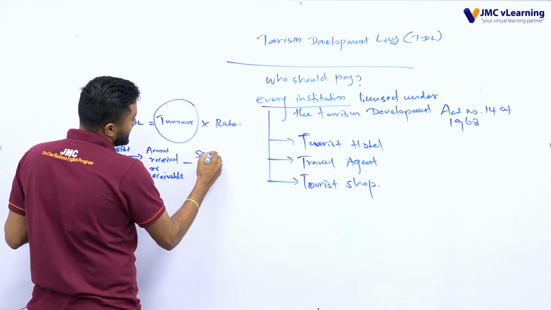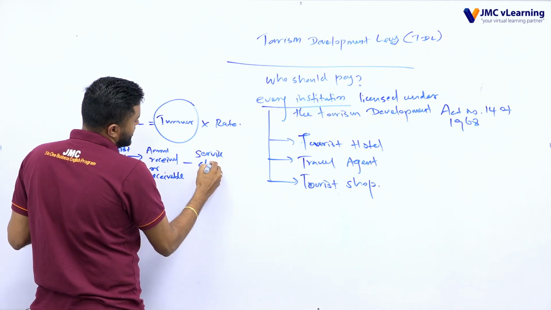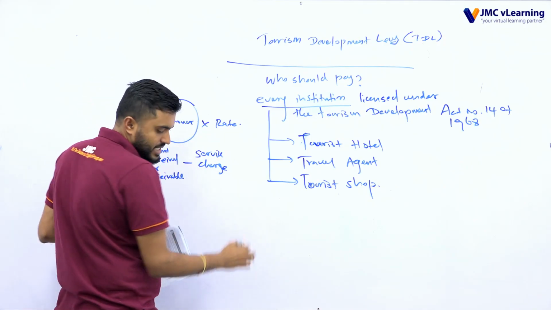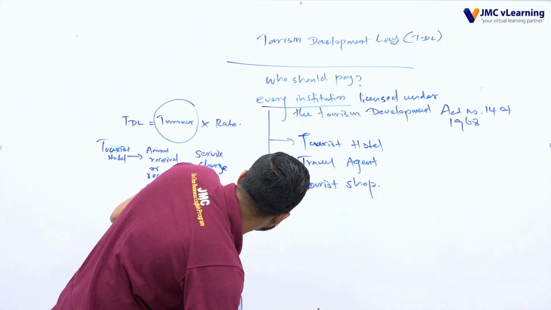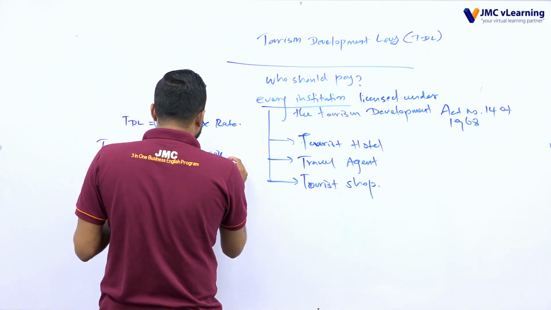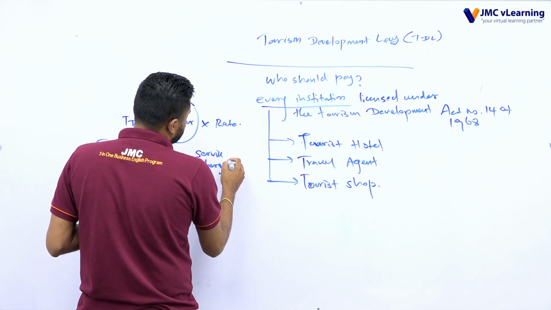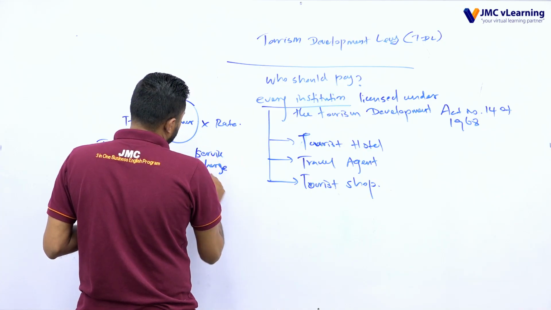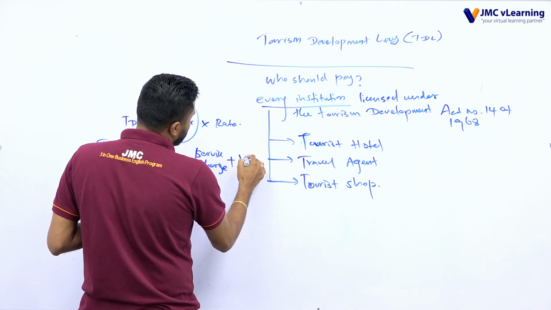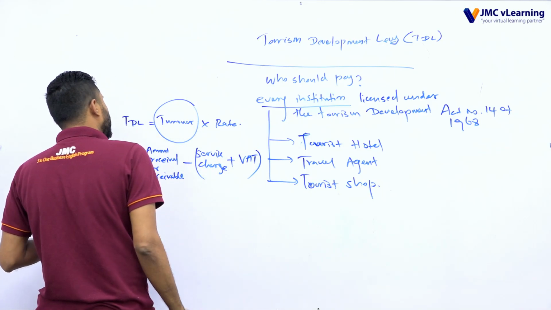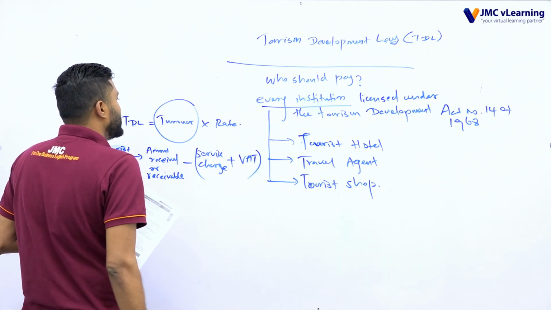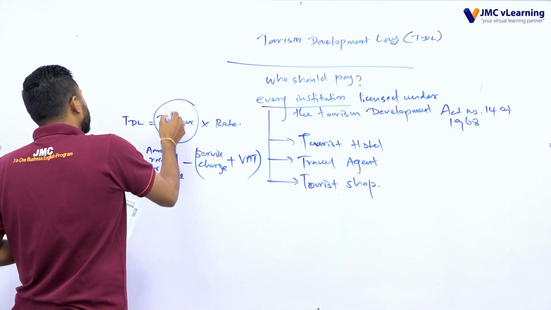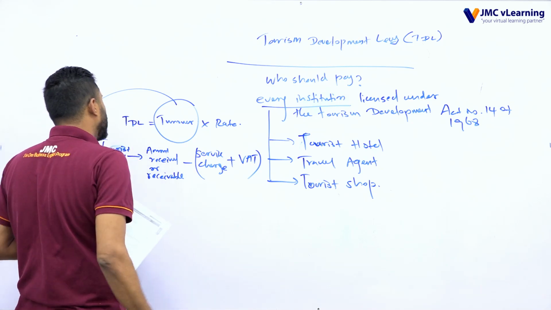So you have to minus the service charge. Not only that, you need to deduct any VAT included, value added tax. So this is the way the tourist hotel can calculate their turnover.